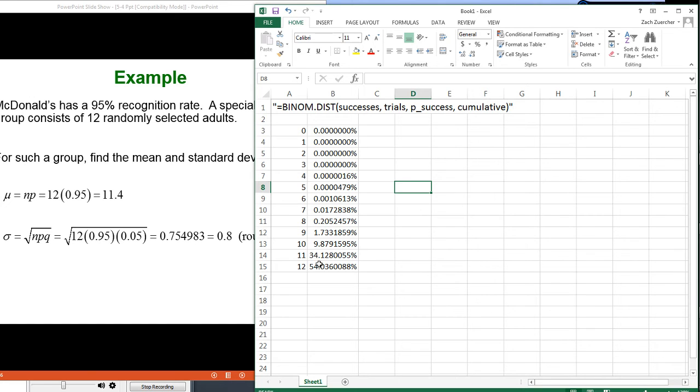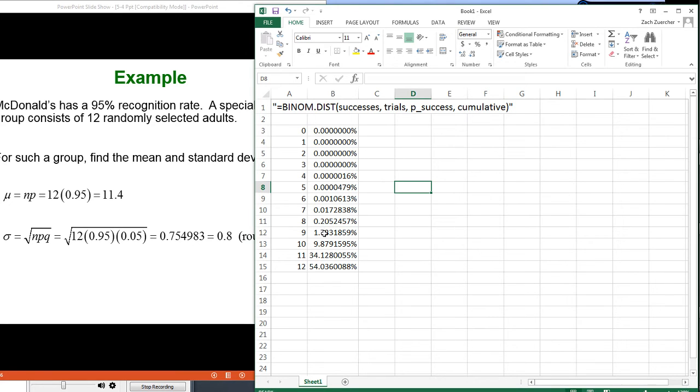So 11.4 is right in the middle of these highest probabilities. And the standard deviation is 0.8. If we move 2 standard deviations from 11.4, it puts us right here in the 10, 11, 12 range. Okay. The probability that you would get together 12 adults and only 9 of them recognize it is less than 5%.